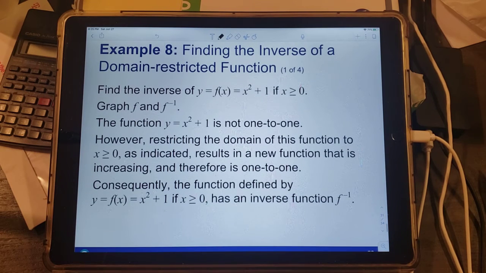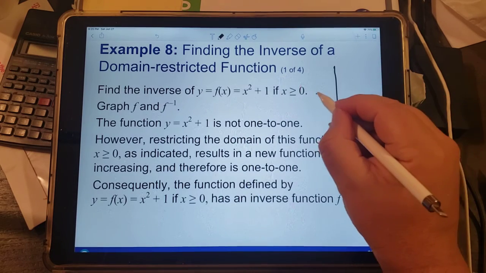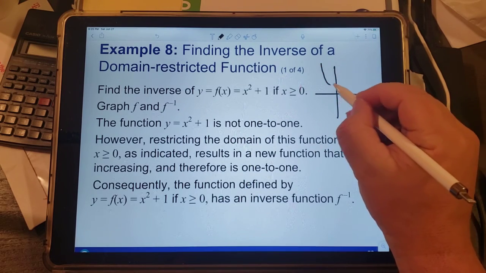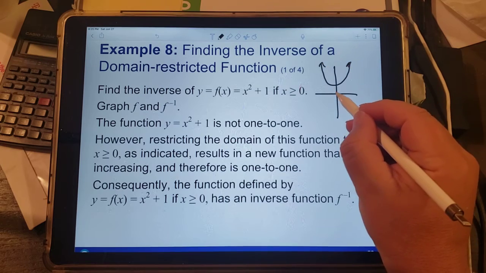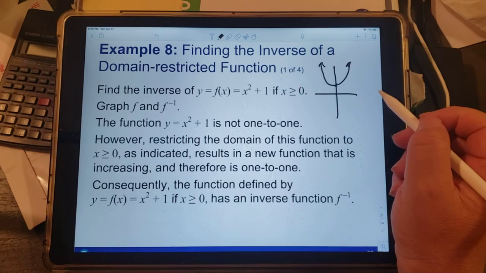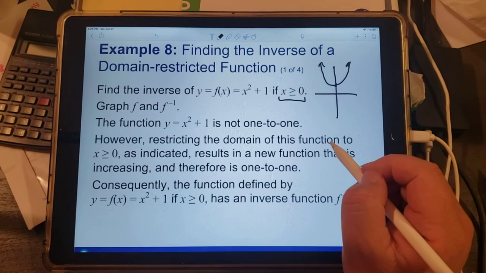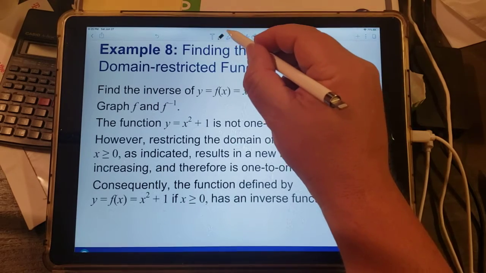All right. Why all that stuff about one-to-one functions? Well, you should know the graph of this function. It's y equals x squared shifted up 1. And look at it. It fails the vertical line test. So they gave us this little caveat here where they said, you know what?